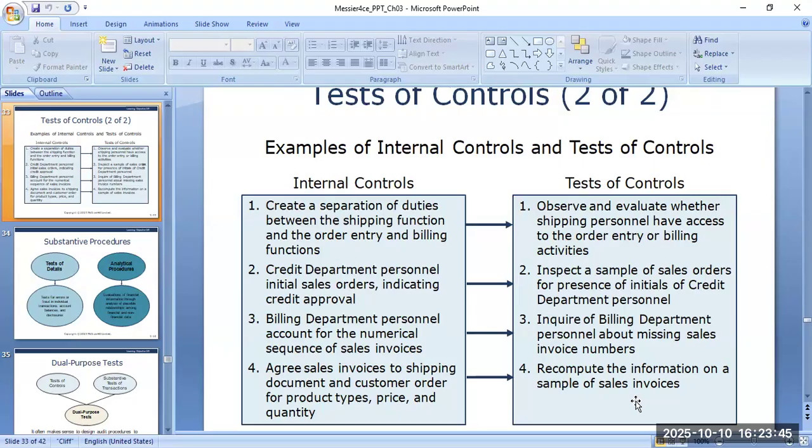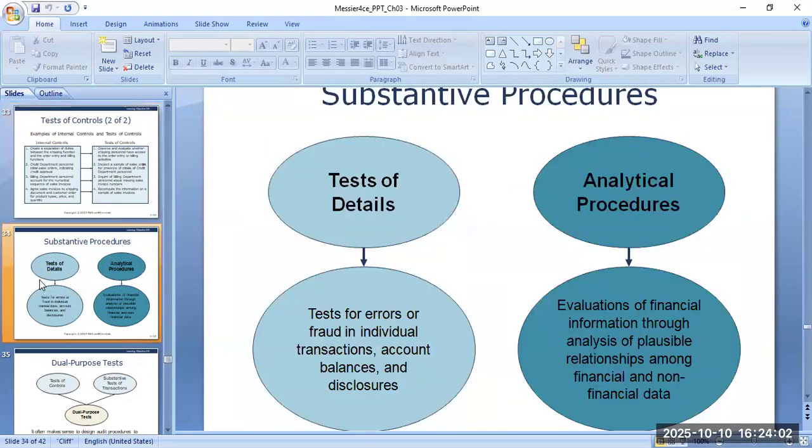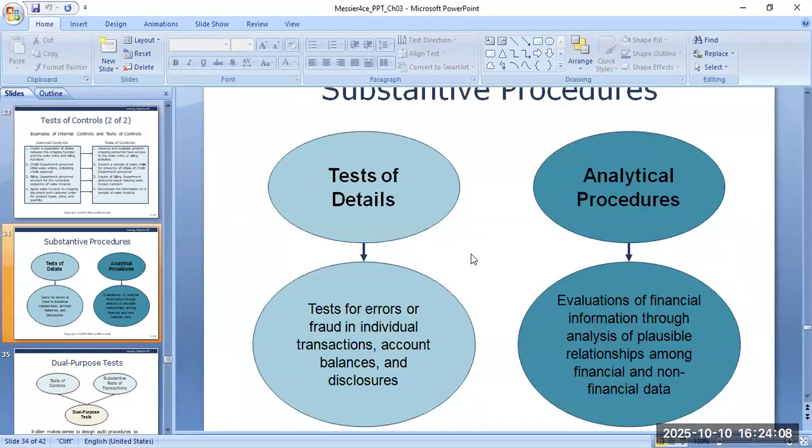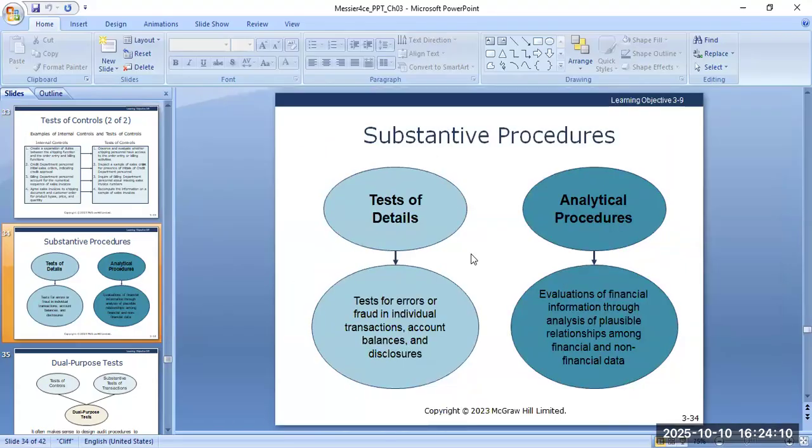So we're going to get the sales invoice, go through the product type, price, and quantity, and recompute all the items on the invoices to see if it actually matches. That's for the test of the control.